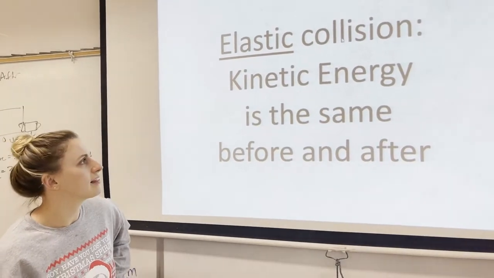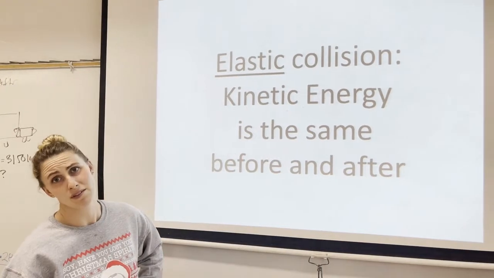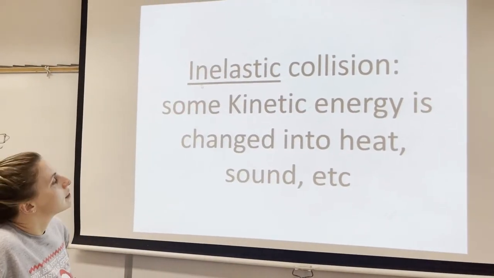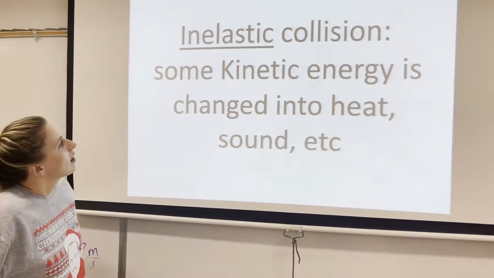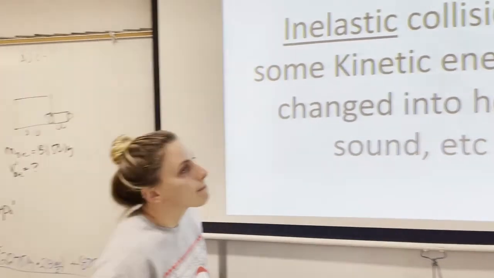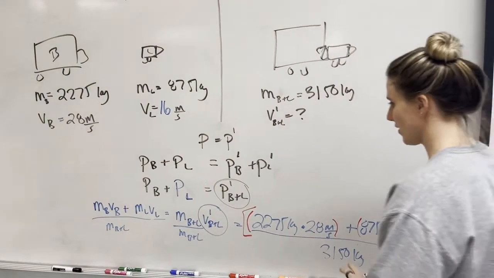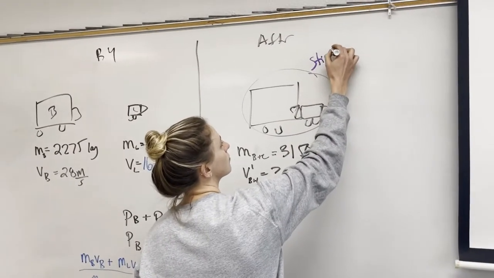And I think what will happen, Boykin, is you would tell them whether it was elastic or inelastic. But this is what happens in the real world. If the two things stick together, that is an inelastic collision. I'll label that for you guys. So when they stick together, that's inelastic.